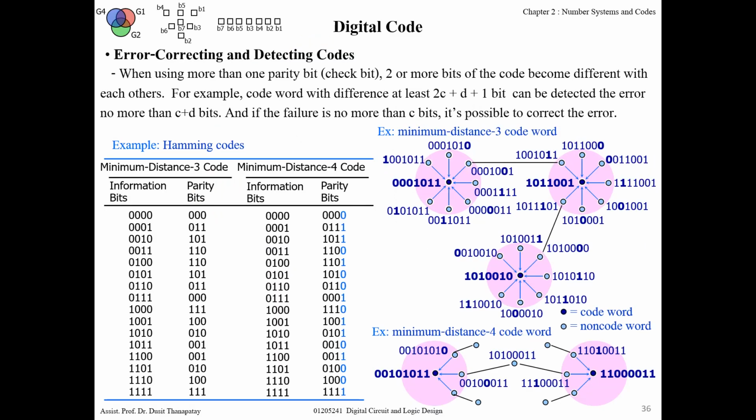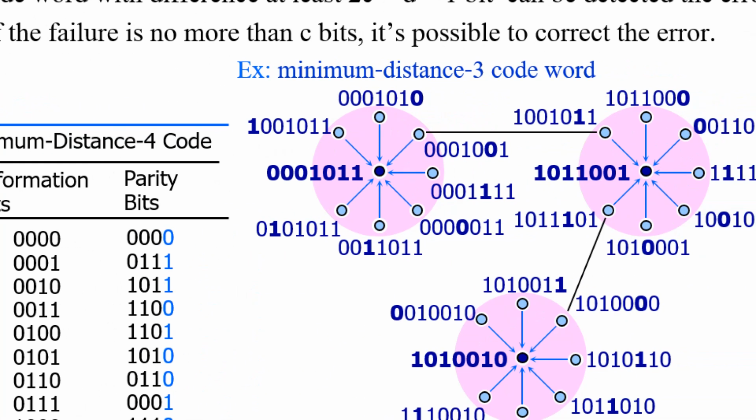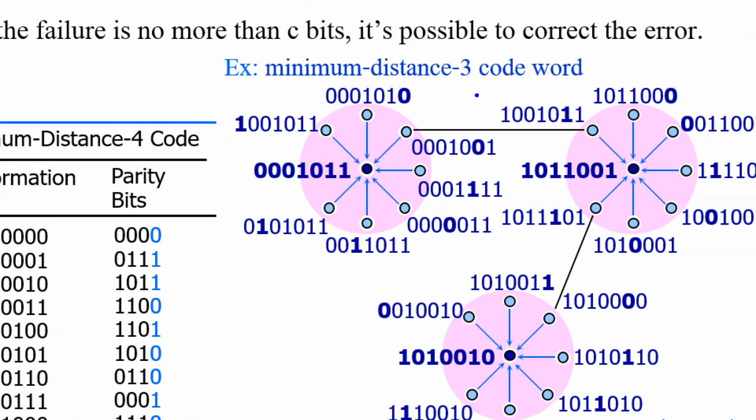For this technique, it's actually called Hamming code. And I will try to show you some of this Hamming code. It is called minimum distance 3. Namely, this code word and this code word differ by 3 bits: this bit is different, this bit also different, and this one, so 3 bits different is called distance 3.